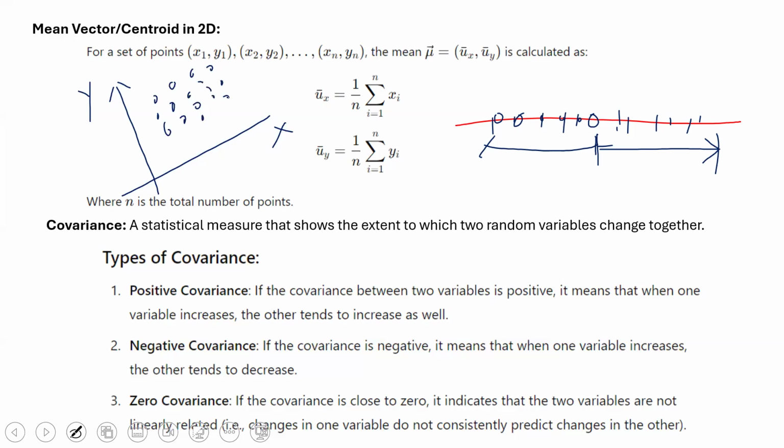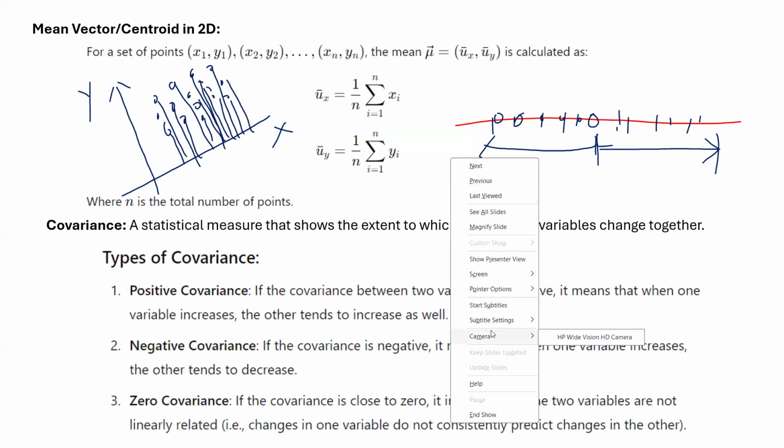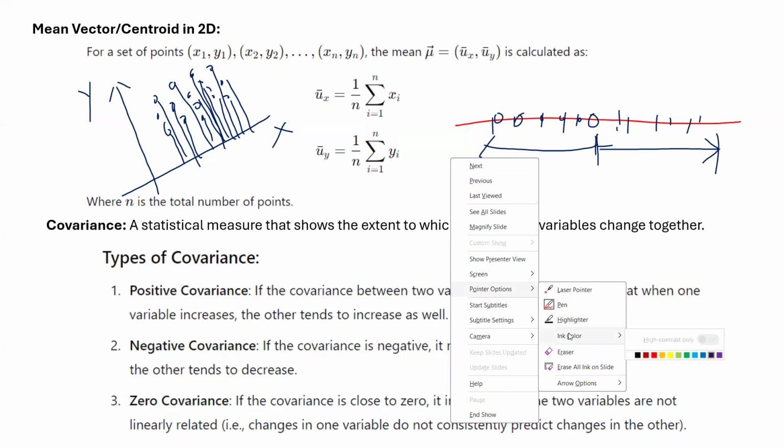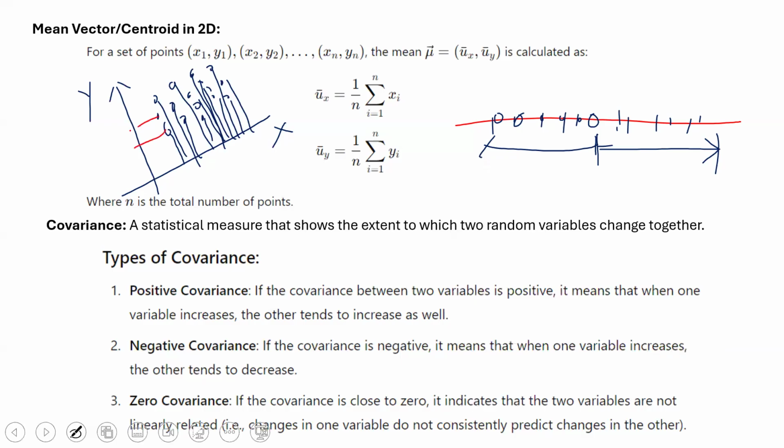If I stretch these points onto the x-axis, I'll just bring the x part of these points onto this x-axis. Similarly, I'll also bring the points onto the y-axis, representing the y part of each point on the y-axis.